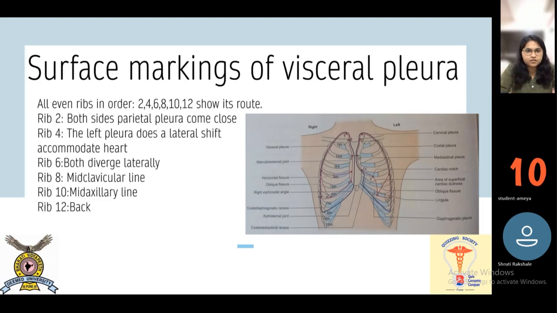On both sides the parietal pleura comes close near the second rib. At rib 4, you can see the cardiac notch, that is the left pleura does a lateral shift to accommodate the heart. At rib number 6, you can see the lateral diversion. At rib 8, there is the mid-clavicular line. At rib 10, it follows the route till the mid-axillary line. And it goes back at the 12th rib.